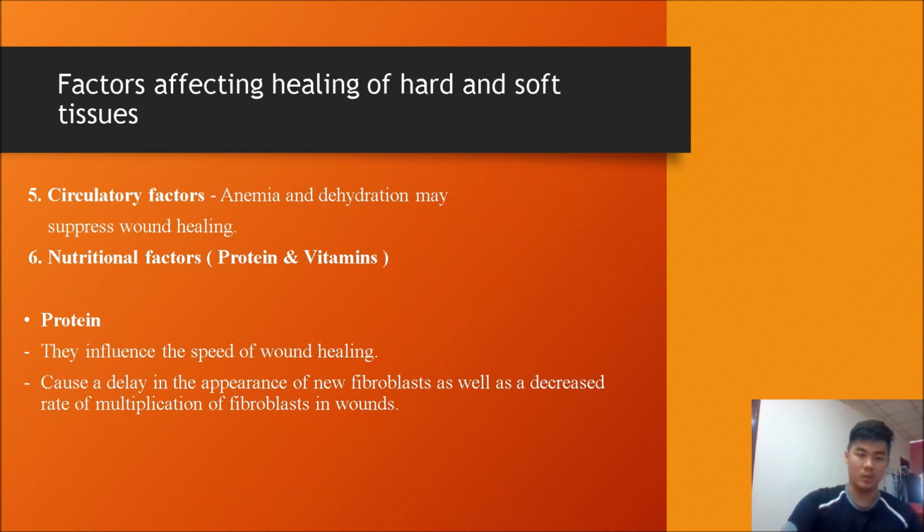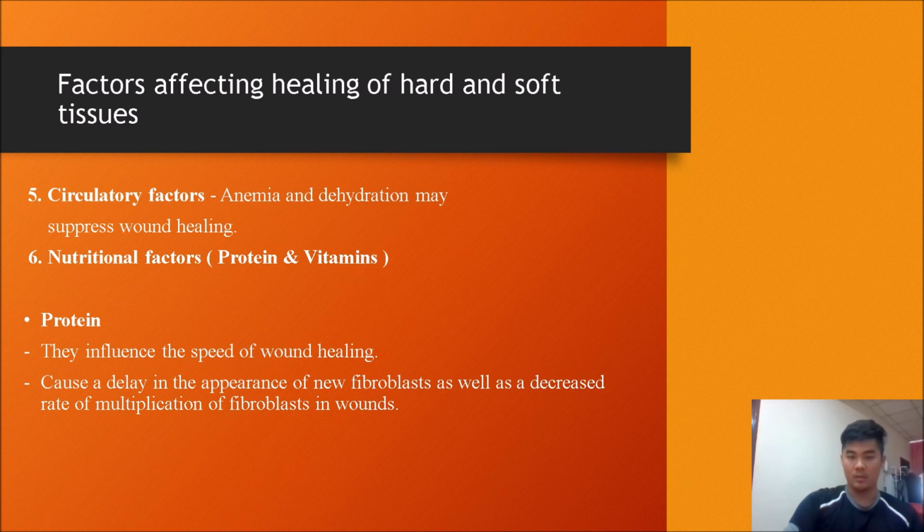Next will be nutritional factors, which include protein and vitamins. These two, proteins and vitamins, play an important role in the healing process, because in nutritional deficiency, the body is going to lack the resources to make repair or regeneration of new cells over the wound site.